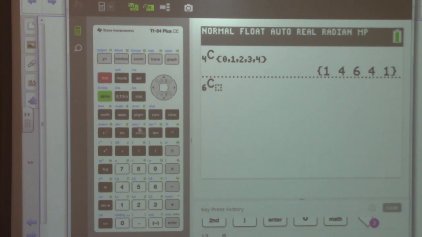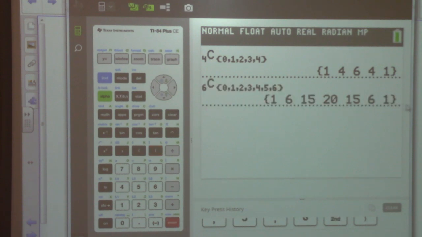Now, one thing you're going to have is your first term is going to be 0, so 0, comma, 1, comma, 2, comma, 3, comma, 4, comma, 5, comma, 6, close the bracket, and so we get this. Is that what you got, Elizabeth?